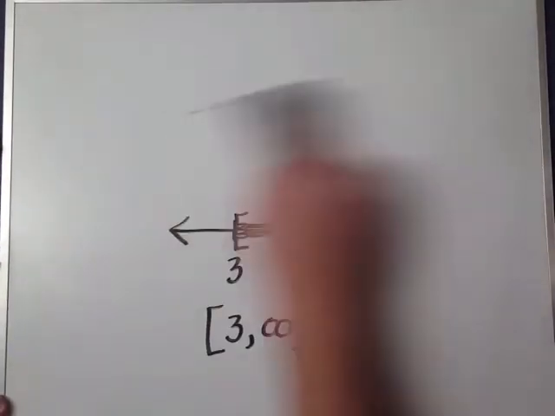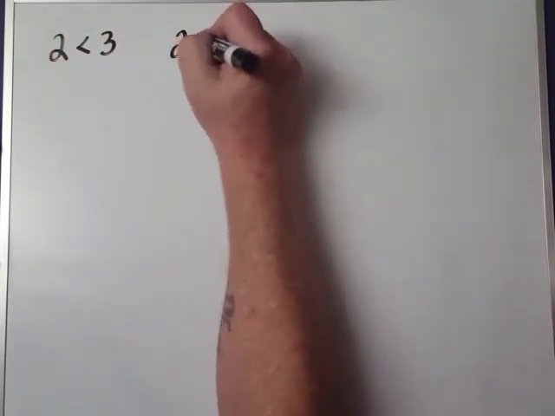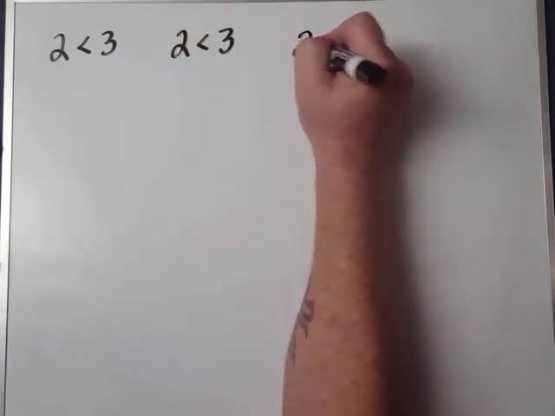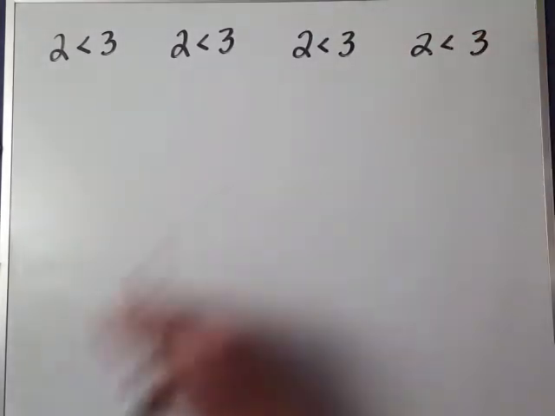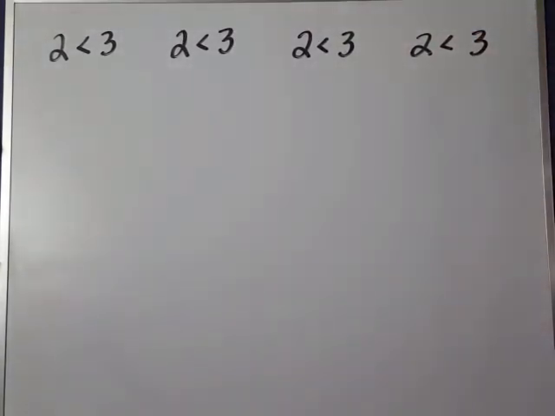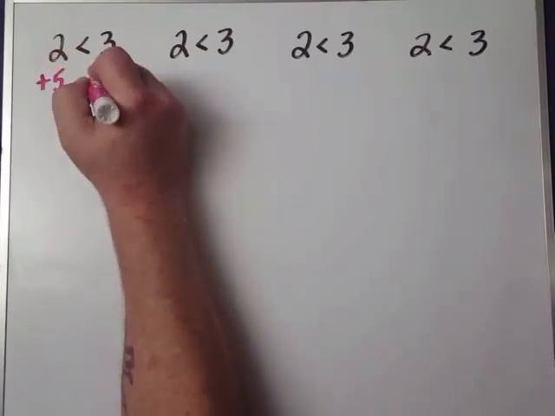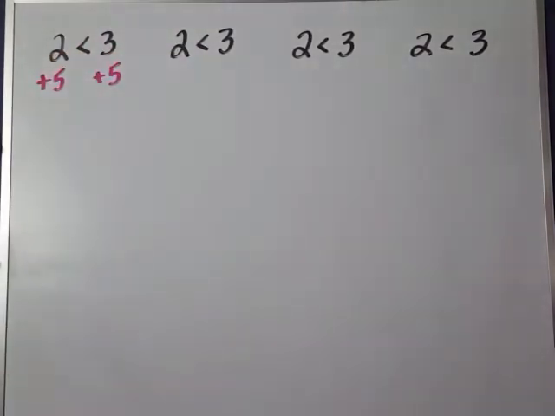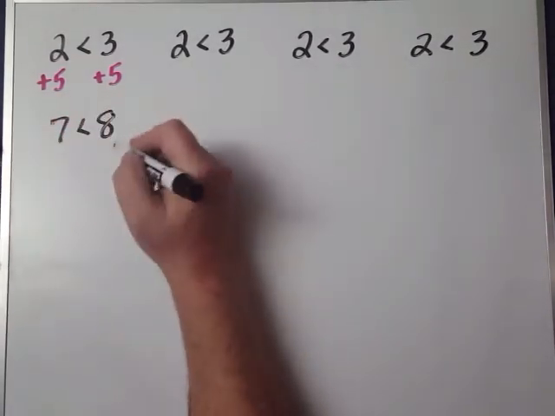Let's consider a few inequalities and see if we can manipulate them and determine if that will work. Let's take the inequality 2 is less than 3. And I'm going to want to do this several times because I want to check several different things. If I add the same amount to both sides, the result, 7 is less than 8, that's a true statement.